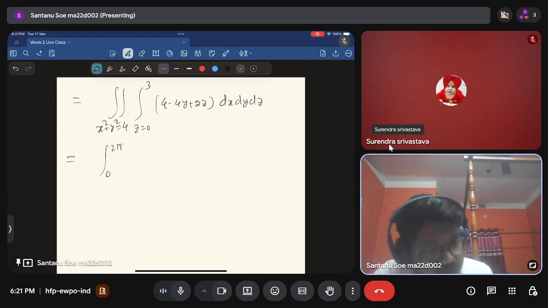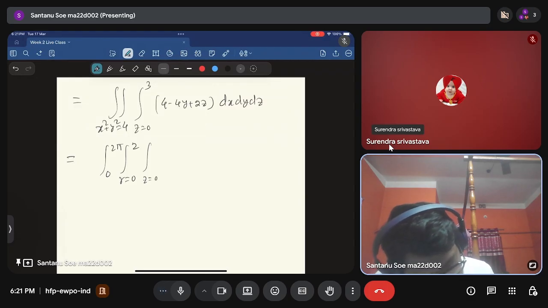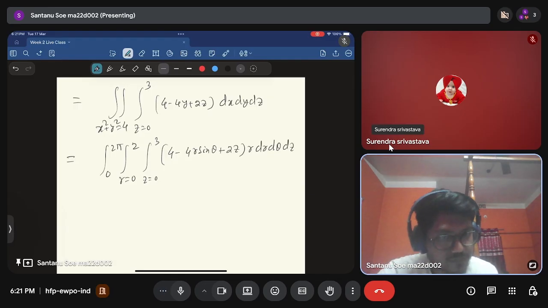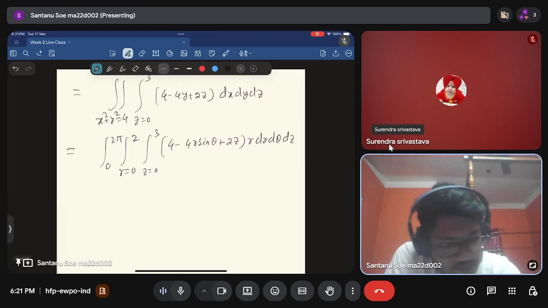So we're gonna change it to polar coordinates. So theta goes from 0 to 2 pi, r will vary from 0 to 2, z will vary from 0 to 3. Then this will be 4 minus 4r sine theta plus 2z into r dr d theta dz. Okay, so is this clear up to this step?